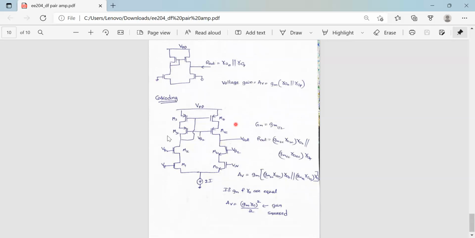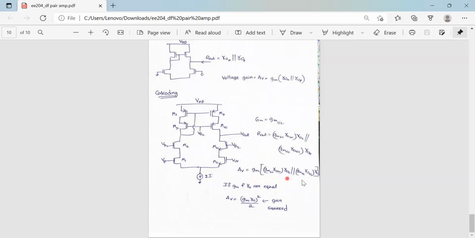For this configuration, we calculate Rout. Rout is Rout seen from up and Rout seen from down, taken in parallel, and we can find the gain of the differential pair amplifier. If we take GM and RO as the same for all transistors, then we get GM Rout whole square by 2 for this configuration.